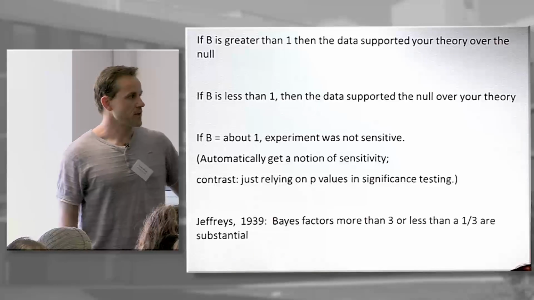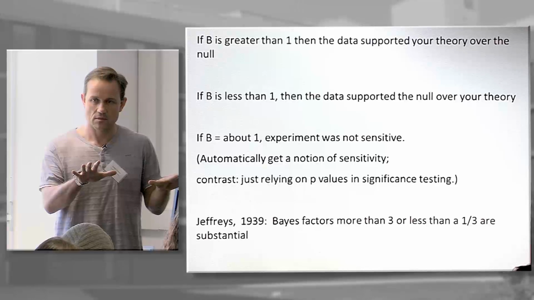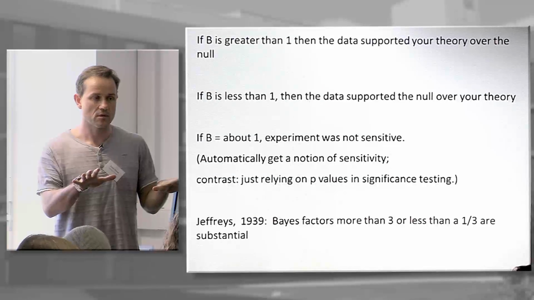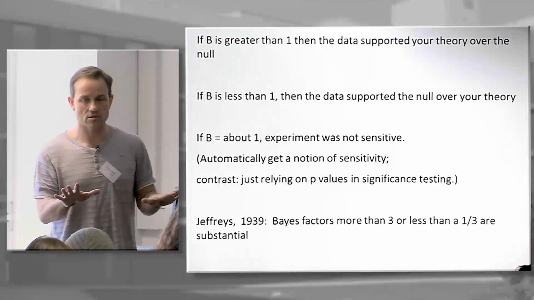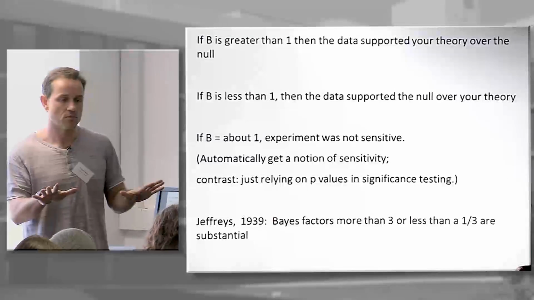So now a Bayes factor of 1 means the data are equally well predicted by H0 and the alternative. So therefore the data are in no way discriminating between the 2 theories.